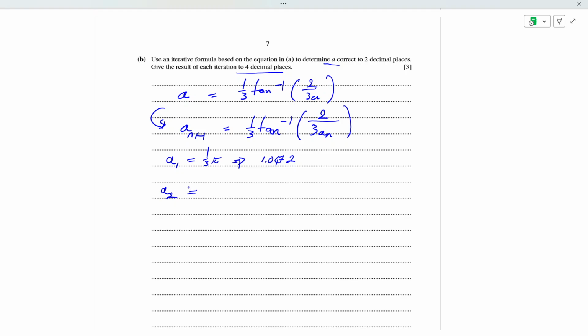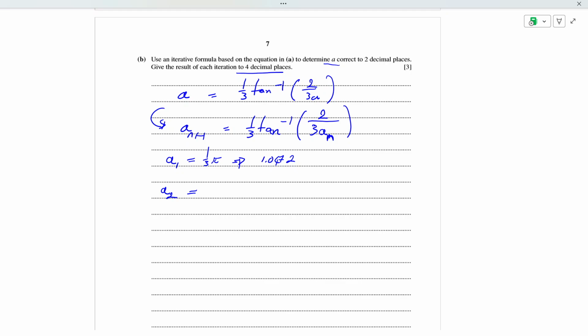All right. So now what you want to do is use the iterative formula. You plug in that value and then you use your calculator. You can replace a subscript n with those values in your calculator. So you punch in a third tan inverse of 2 over 3 a n in the calculator.